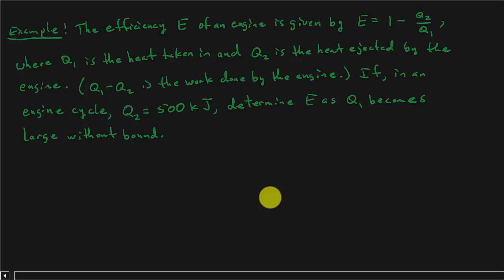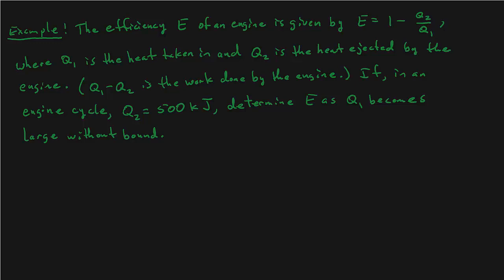All right, so let's look at this. It says the efficiency E of an engine is given by E equals 1 minus Q2 over Q1, where Q1 is the heat taken in and Q2 is the heat ejected by the engine. Q1 minus Q2 is the work done by the engine.